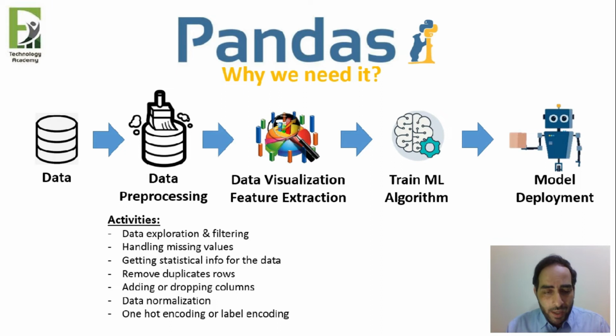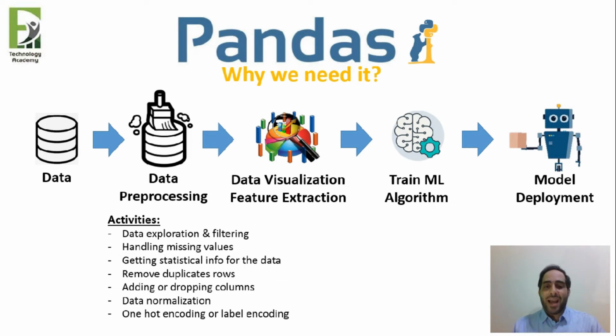When you talk about data pre-processing, I'm just mentioning some examples of the activities which are going to be applied here. This is not all the activities which might be there, but just examples. So here we have data exploration, data filtering, and handling missing values. If we have some missing values in our data, how to handle them. Getting statistical information for the data, removing duplicate rows, adding or dropping some columns, data normalization, and doing some sort of encoding using one-hot encoding and label encoding.